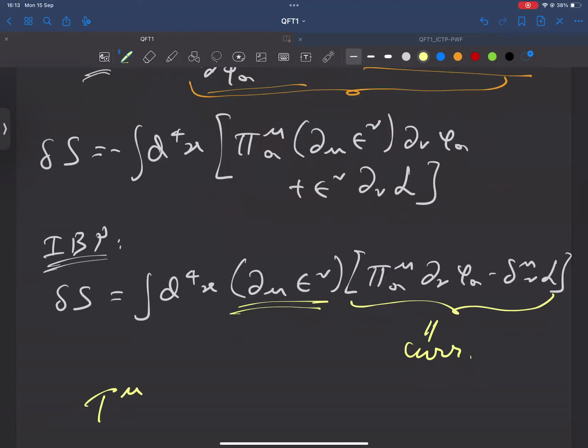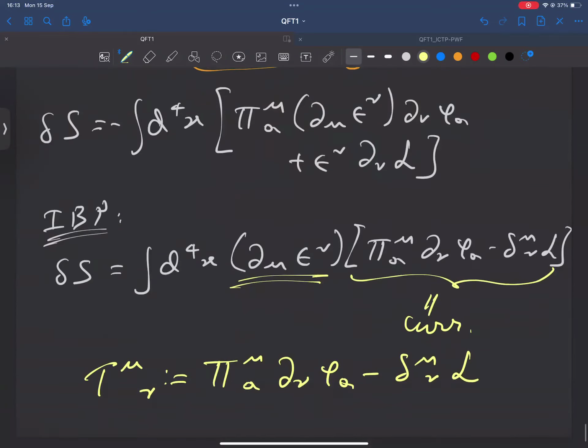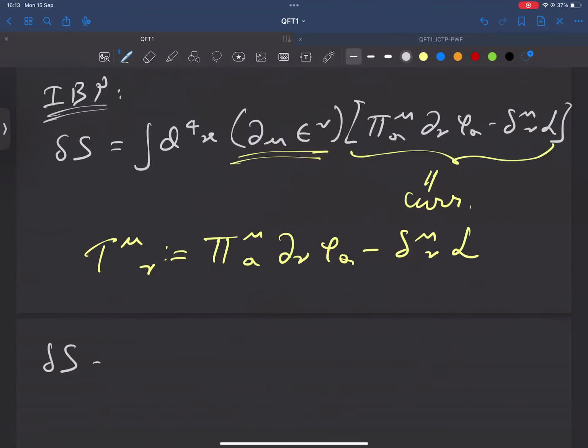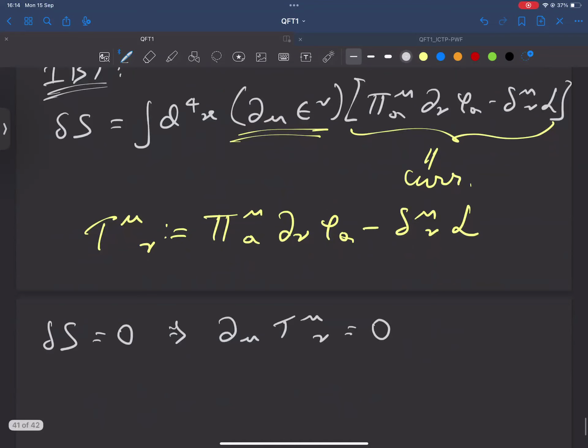So we will call this current a quantity T mu nu. And because delta S is 0, that implies that we will have this conservation.